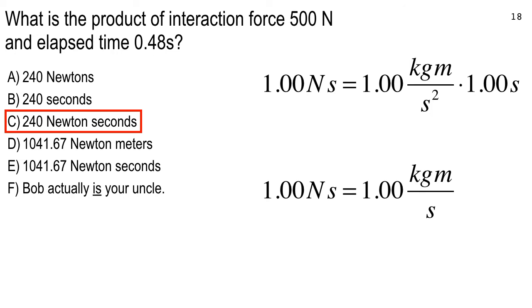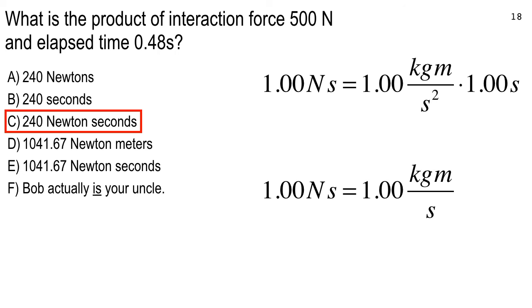But now look at this. A second up here cancels with one of the seconds down here in the denominator. So really, your denominator is just seconds. So your numerator is kilogram meters, as it was, and the denominator is seconds.